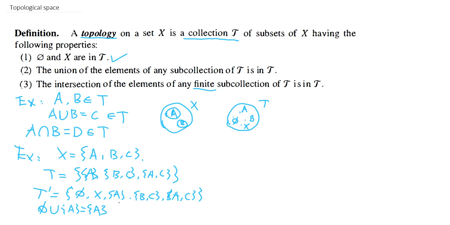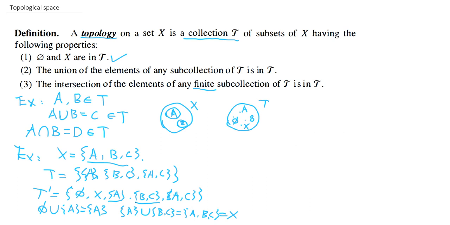Let's see, how about A and BC? The A union with BC, we get A, B, C, and this is just X. So we have X here, so the result is still an element of T prime, so it is no problem.